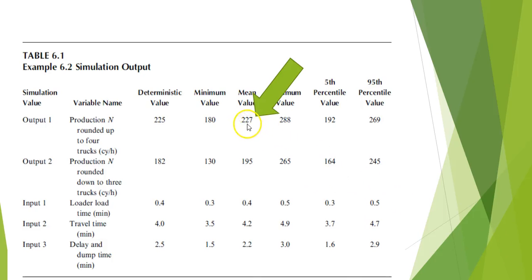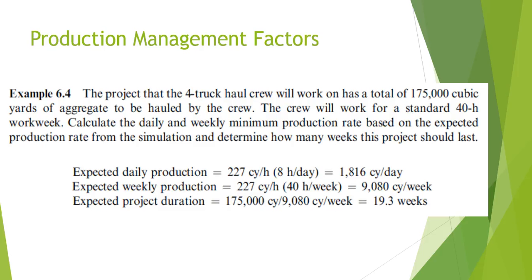Remember, here's table 6.1 and here's that 2.27 again that we looked at. You know, we can use this information for a lot of things. We can look at production management. Say we have that project with a 4-truck haul crew, and they're going to work on a total of 175,000 cubic yards of aggregate that you need to haul by that crew.